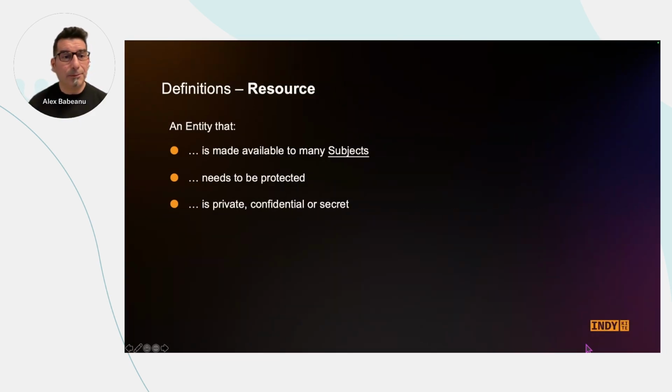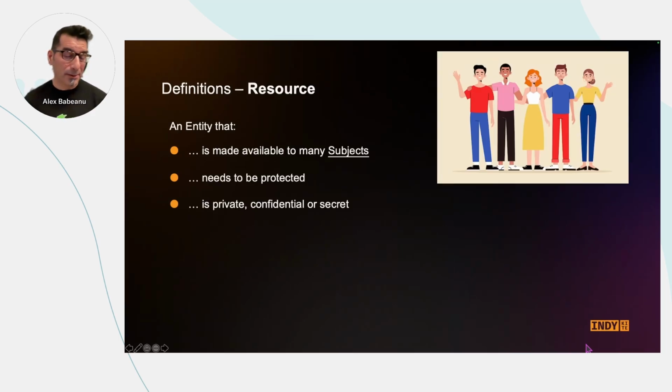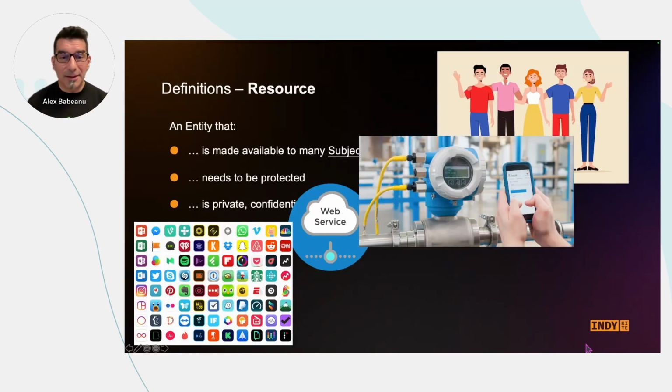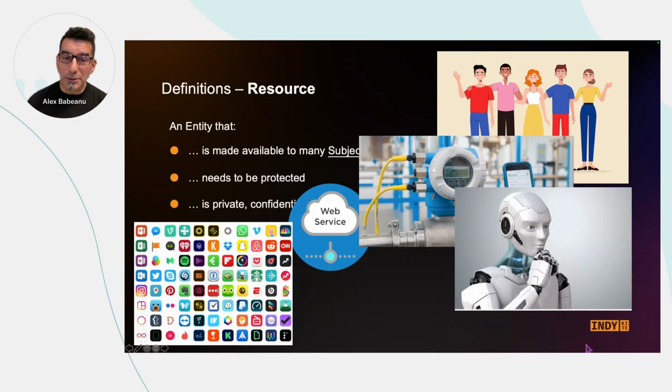A resource, though, is an entity that is made available to one or many subjects. It's an entity that needs to be protected, and more often than not, it's an entity that is private, confidential, or secret. So what fits that category? Again, humans, because personal information is something that needs to be protected after all, but also web services, apps, IoT devices, and AI or robots.